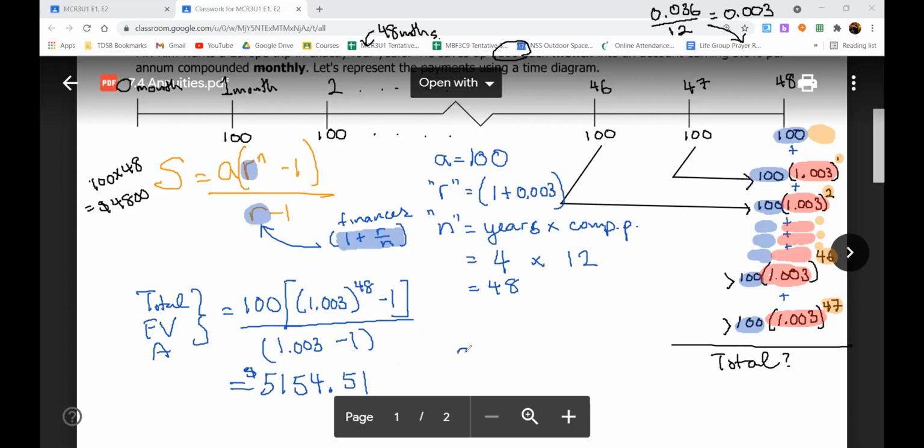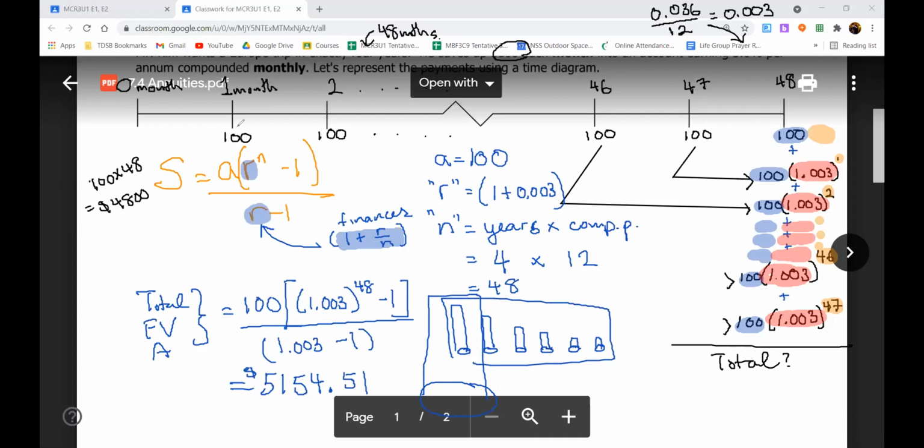We're just making small payments and letting each grow individually, right? Again, this is not the same as putting a huge sum and watching it grow. We're doing a little bit at a time, but it gives poor people like me hope, okay? And this is geometric series. This is annuities. Geometric series in the form of finances.